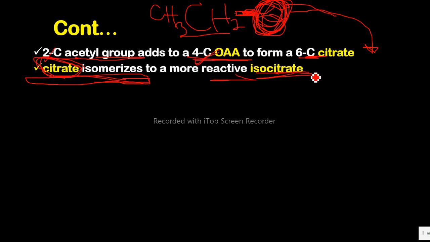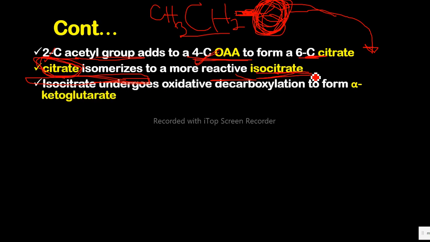Now the isocitrate is the one which undergoes oxidative decarboxylation. Oxidative, what does it mean? You lose the hydrogen, and the hydrogen is taken up by the NAD to form the reduced NAD together with electrons. Because see, this one is charged. It must move along with the electron.